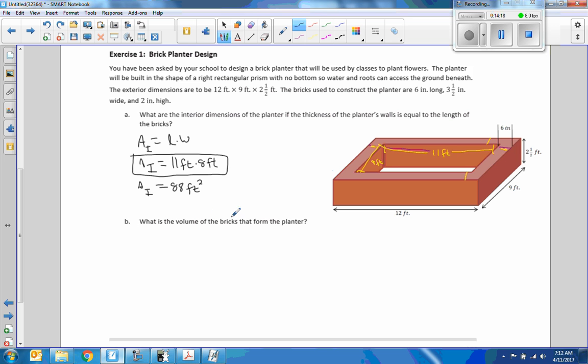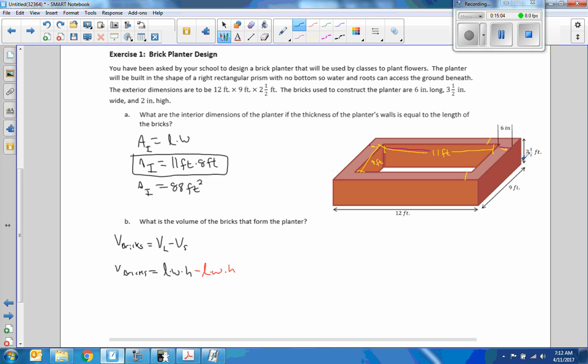Now it says what is the volume of the bricks that form the planter? So I need to find the volume of the exterior and the volume of the interior, and subtract. Okay. So the volume of the bricks equals the volume of the larger prism minus the volume of the smaller. The volume of the larger is length times width times height, and we're going to subtract the volume of the smaller, which is also length times width times height.